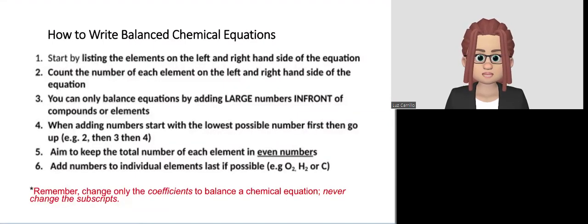Balanced equations, remember, come from the idea that we need to respect specifically the law of conservation of mass. What you observe here are some guidelines of how we write balanced equations. As I mentioned, these are just guidelines. In order to master balancing equations, what we need to do is practice as much as we can.